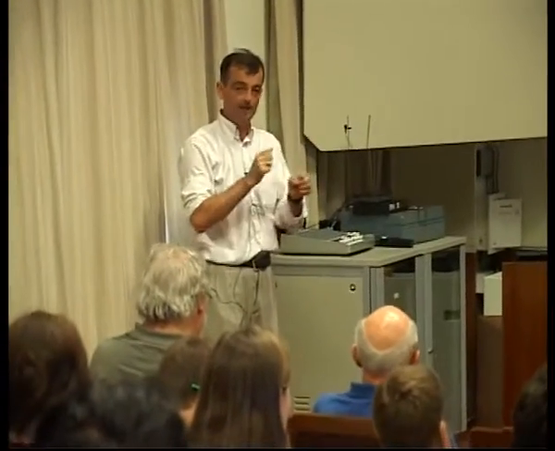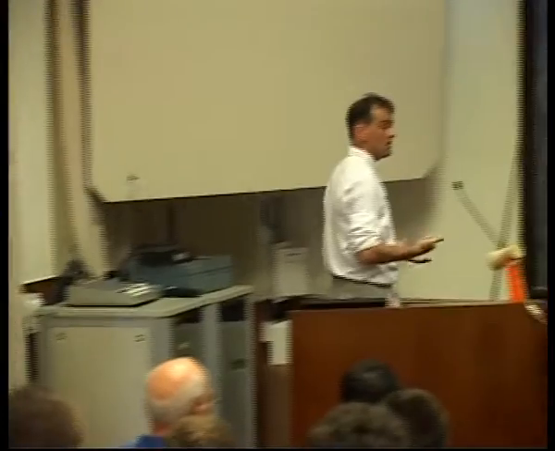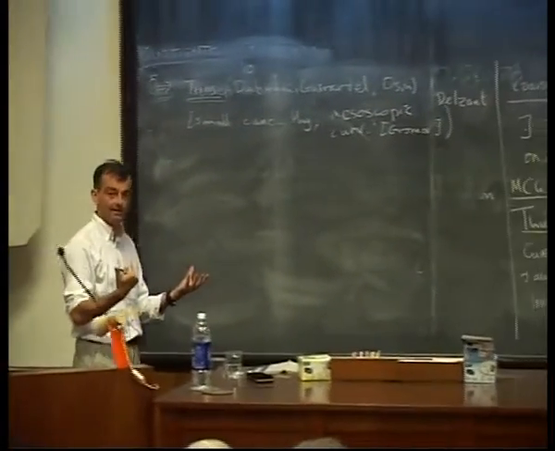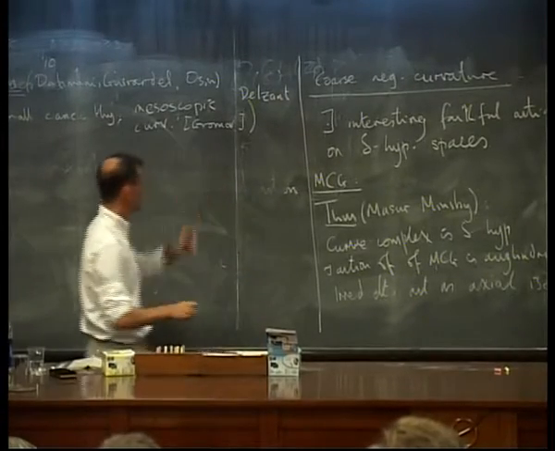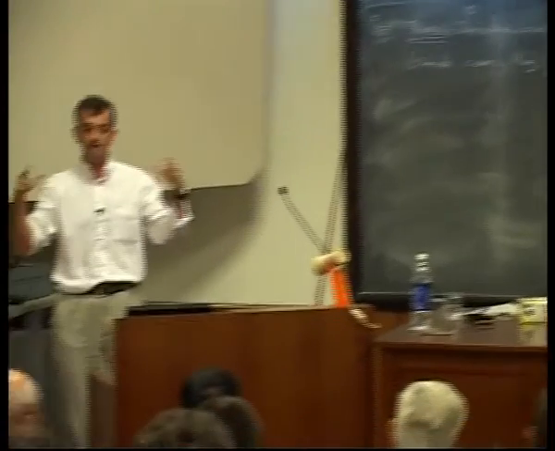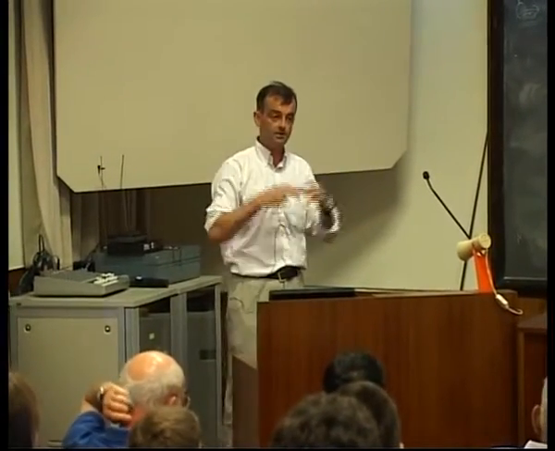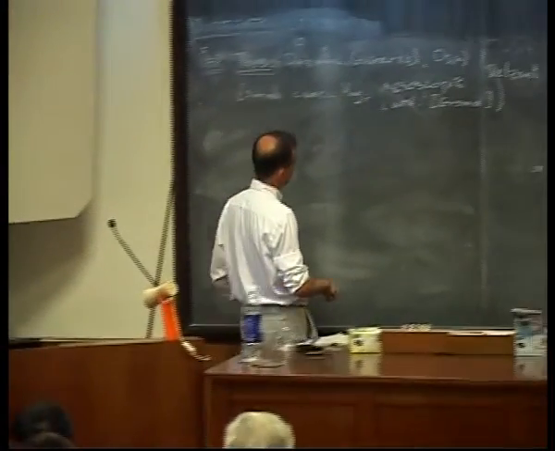You're passing from infinitesimal or local to global. But in a delta hyperbolic space, you have no local structure, so you can't have a Cartan-Hadamard theorem. But what Gromov points out with this mesoscopic curvature idea is that if you have delta hyperbolicity up to a certain fixed scale, then you can go from that scale to global. So it's a medium scale to global version of the Cartan-Hadamard theorem.